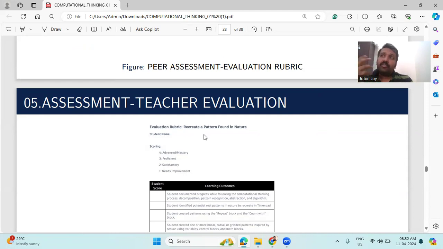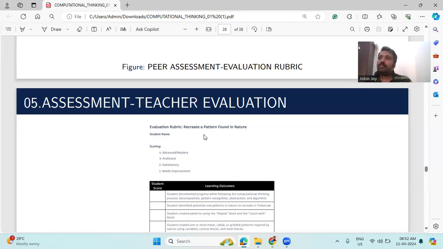Okay, so just imagine there will be some improvements in their particular activity when the teacher evaluates their performance, right? Because after self evaluation they will correct something. Then the second level will be peer evaluation.